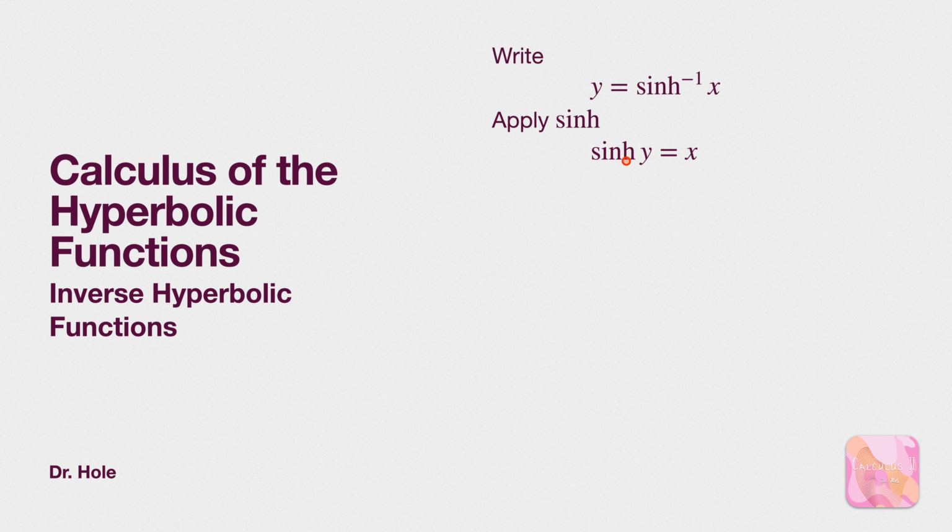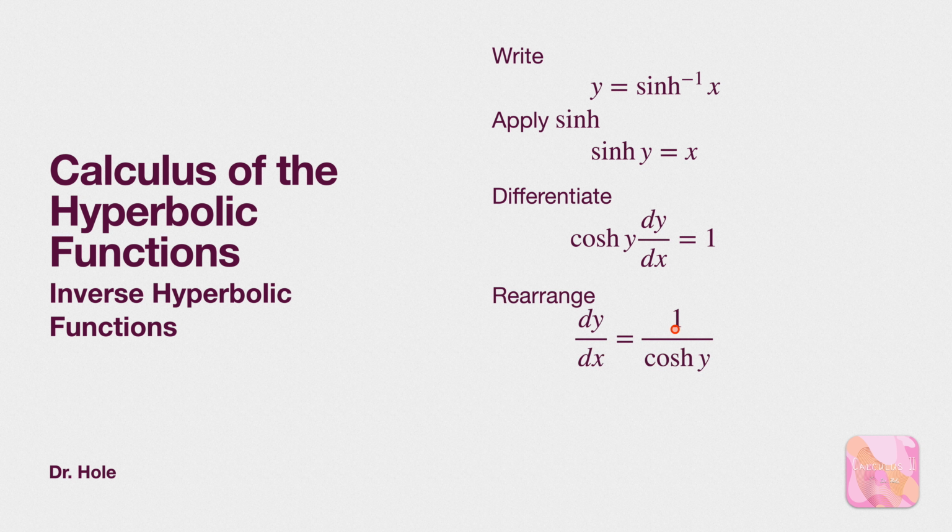Restate that in terms of sinh, and then differentiate. Sinh goes to cosh. This is a different derivative with respect to x. So by the chain rule, pick up dy dx. Right-hand side, x differentiates to 1. We're trying to figure out what is the derivative of inverse hyperbolic sine, so solve for dy dx. Get 1 over cosh of y.